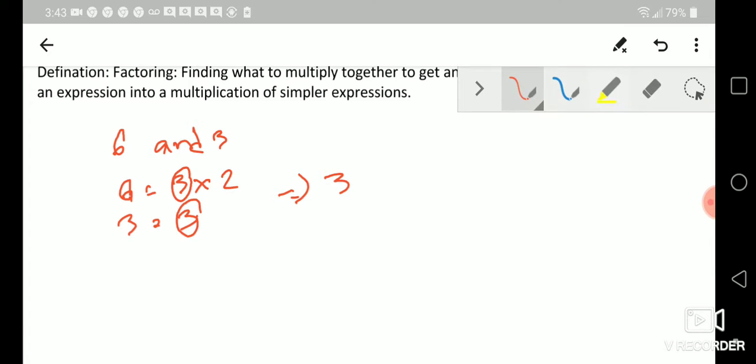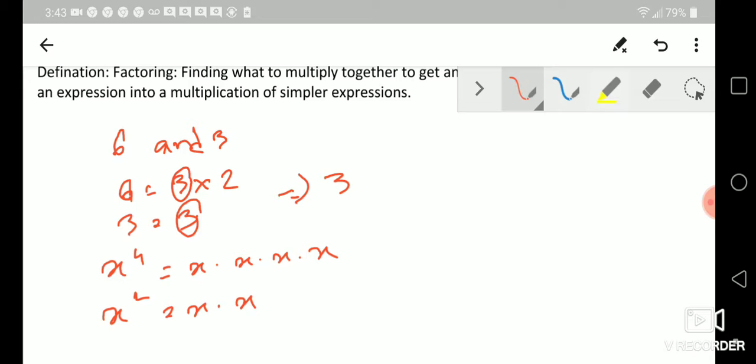Now if we go from the exponent point of view, let's say we have x to the power 4, which is equivalent to x dot x dot x dot x, and we have x to the power 2, which is equivalent to x dot x, which we have learned in the previous lecture.